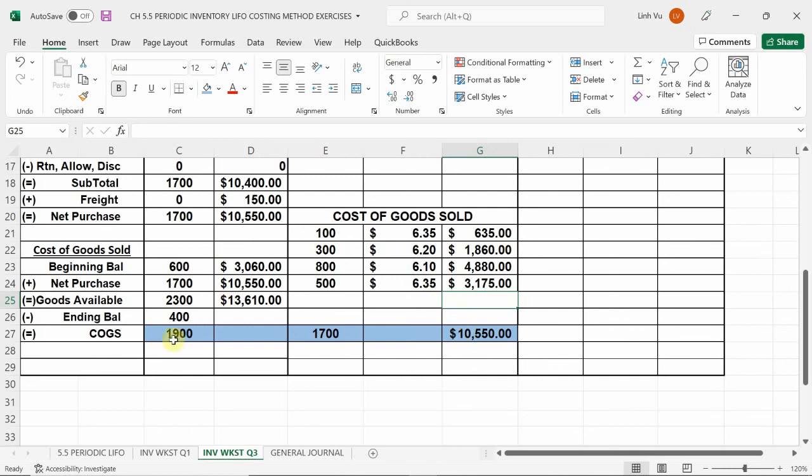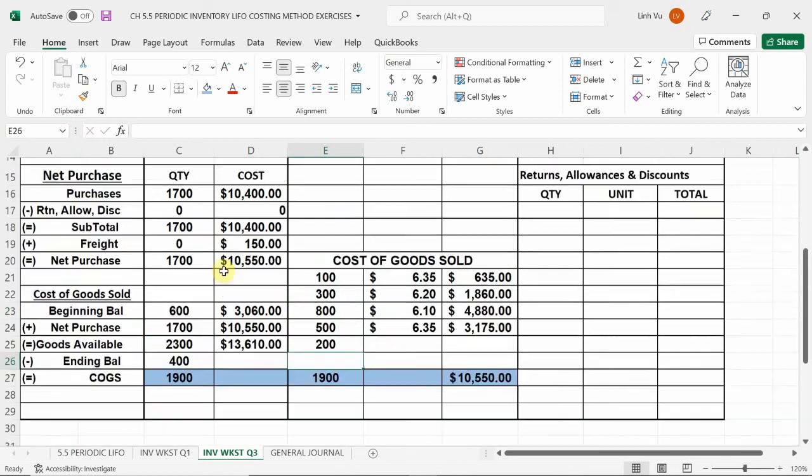But in this case, I need to sell 1,900. I've only sold 1,700 so far. So how many more items do I need to keep selling? If you've done the math, you could figure it out by doing 1,900 minus 1,700. You'll know that you need 200 units left.